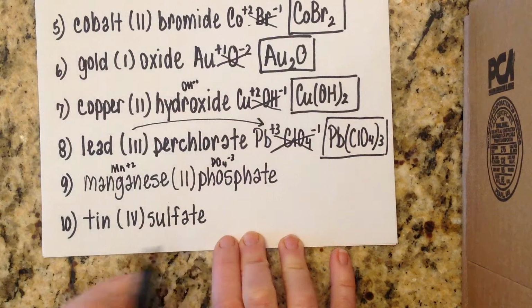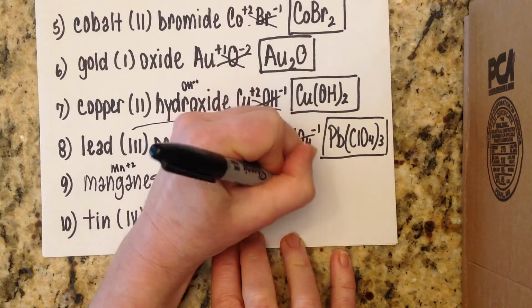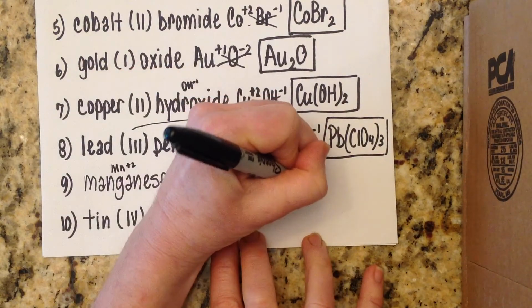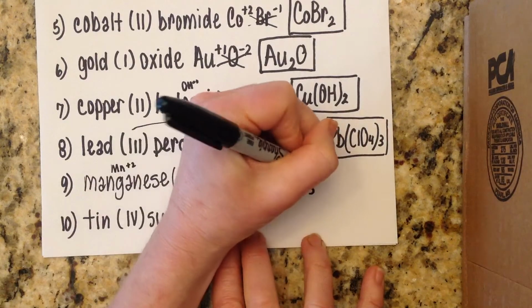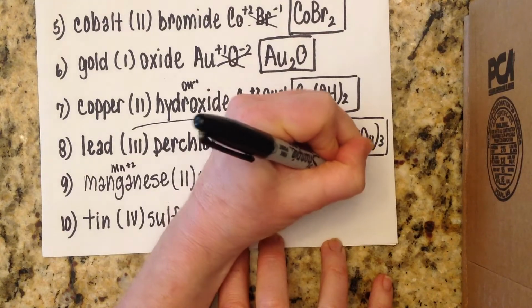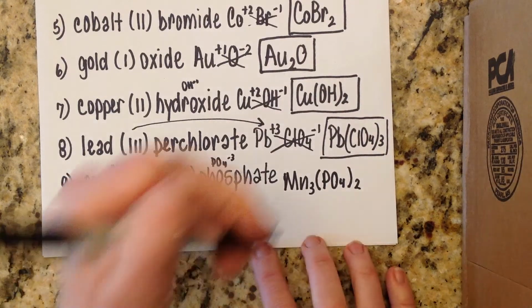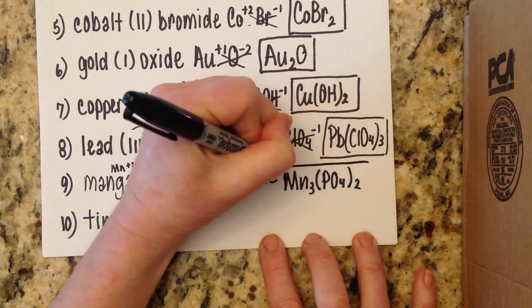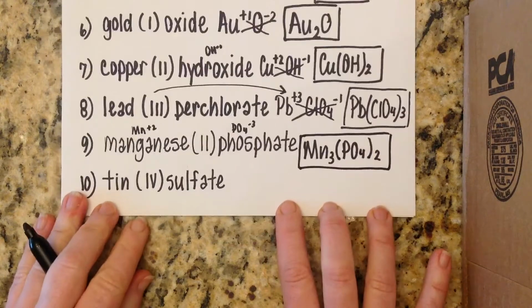When we crisscross, we're going to have to be sure to wrap that up in parentheses. So we're going to get Mn3, because that 3 is coming down here. Wrap up the phosphate, (PO4)2. That's a lot going on, but it's easy. It's not hard at all.